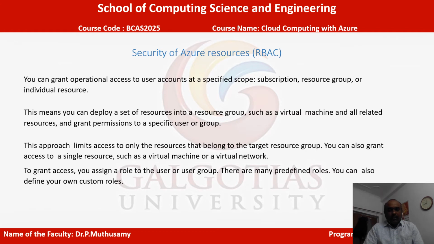This approach limits access to only the resources that belong to the target resource group. You can also grant access to a single resource such as a virtual machine or a virtual network. To grant access, you assign a role to the user or user group. There are many predefined roles. You can also define your own custom roles.